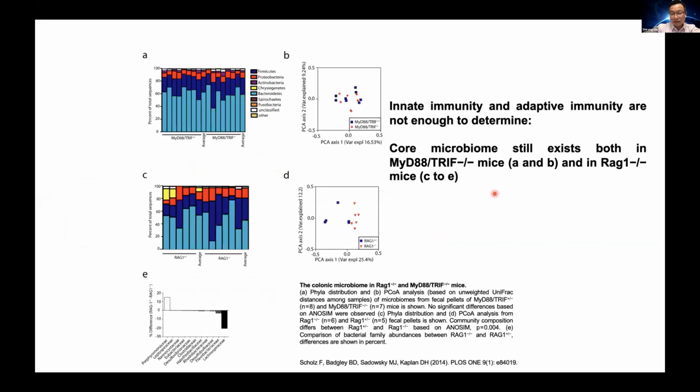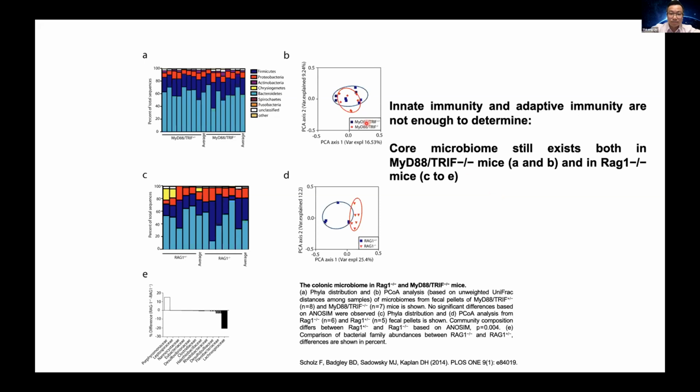I show here just additional evidence from the literature. TRIF is another adaptor molecule in the toll-like receptor signaling pathway. It is involved in signaling downstream of toll-like receptor 3 and toll-like receptor 4.